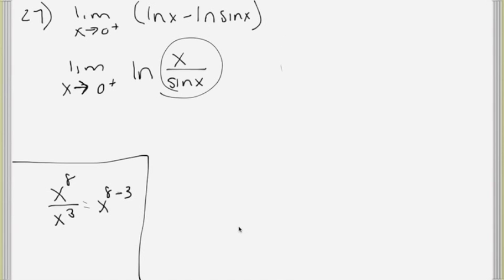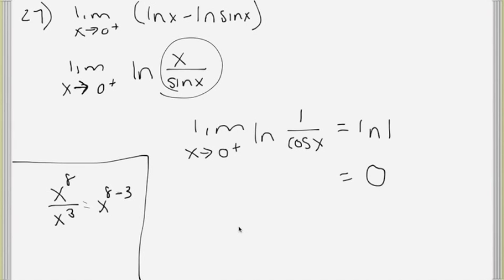So we're going to do L'Hopital's rule on that x over sine of x, which would give 1 over cosine of x. Cosine of 0 is 1, so we get then the ln of 1, which is 0. So in this case, infinity minus infinity is 0, and the 2 infinities were actually exactly the same.